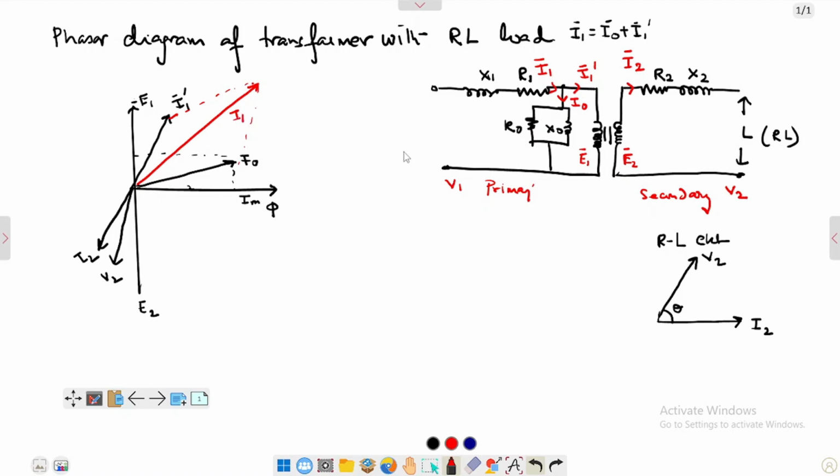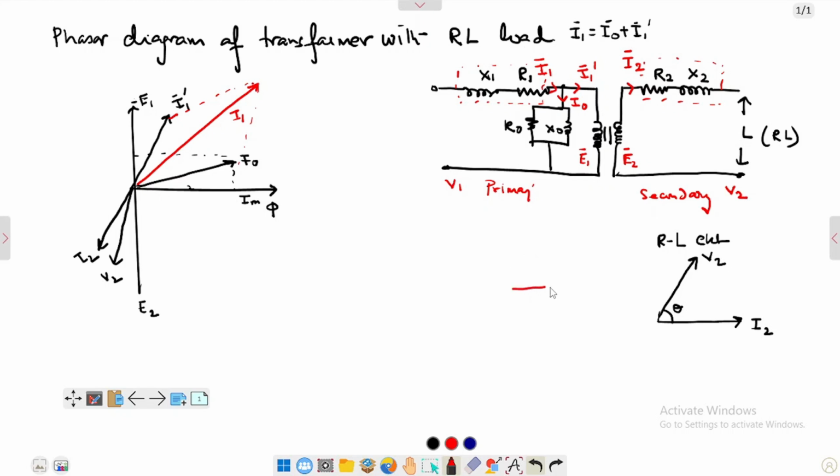Okay. Now here, if you see, there is an R1 and X1, and here there is an R2 and X2. So first of all, I will draw the phasor diagram which is called the impedance phasor diagram or impedance triangle.